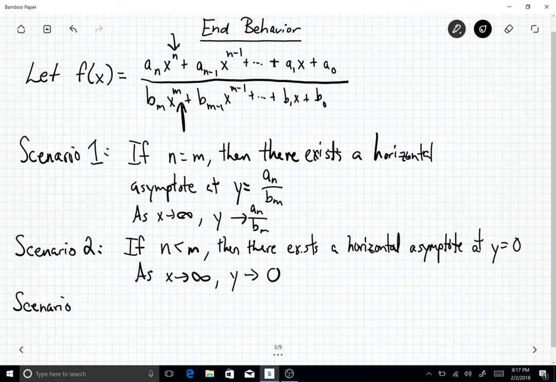Last but not least, scenario 3. If we have n being greater than m, then there does not exist a horizontal asymptote.